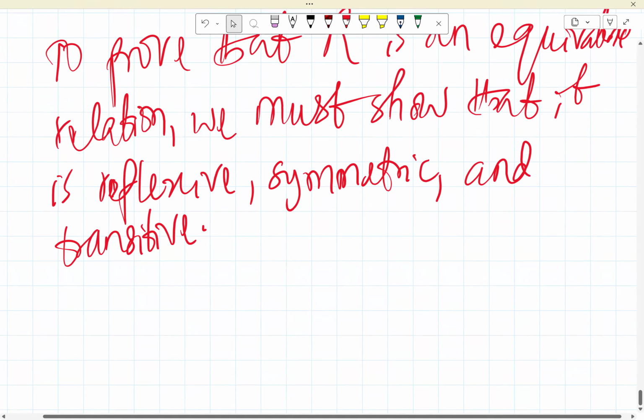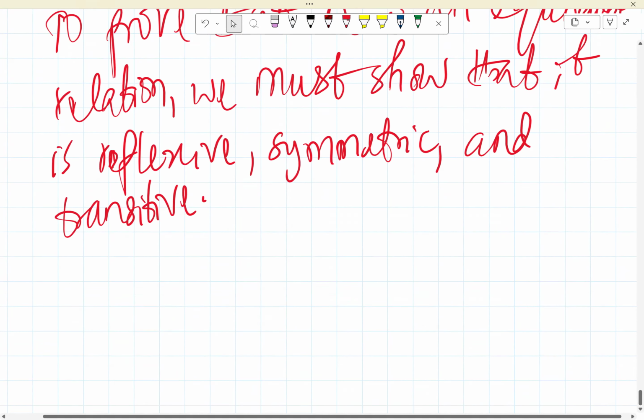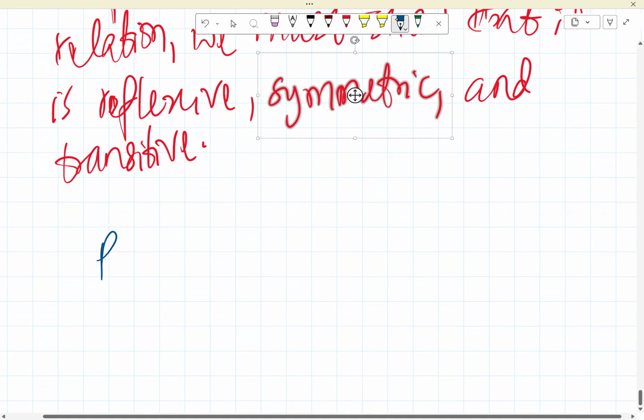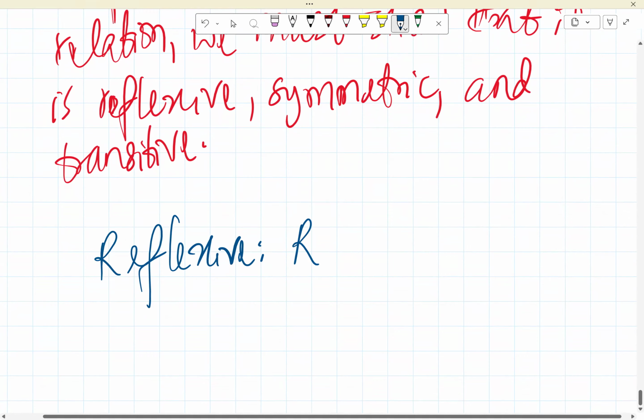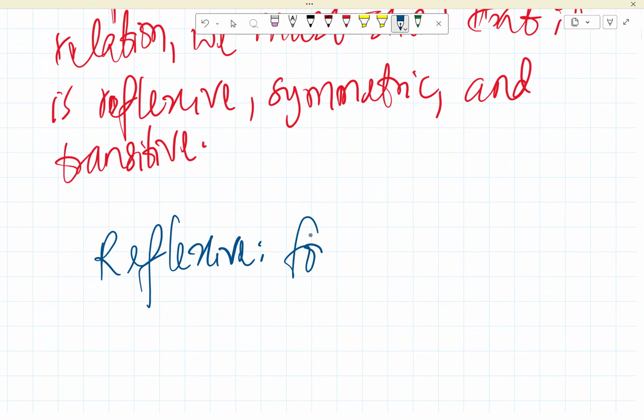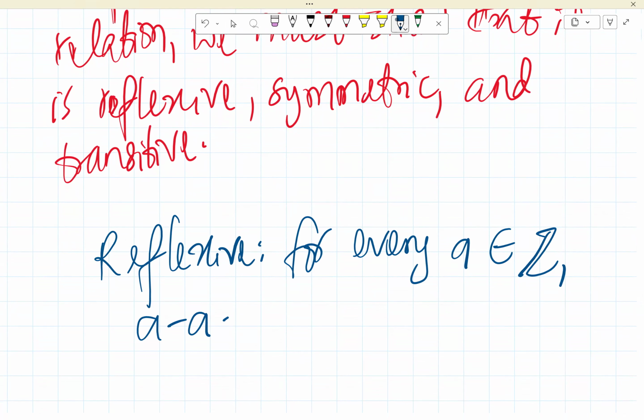So for reflexivity, for every A belonging to Z, the set of integers, A minus A is equal to 0. And of course, 0 is divisible by 5.